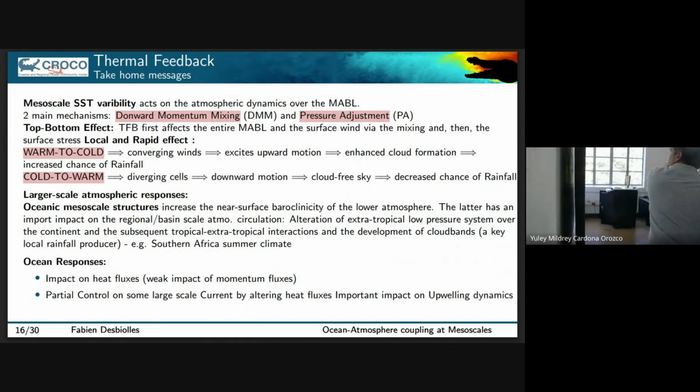So last point on that is this is true at mesoscale, but this is also true at sub-mesoscale. That involves different processes, and it's a bit more complicated, but this is true.